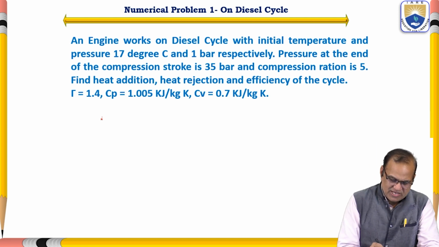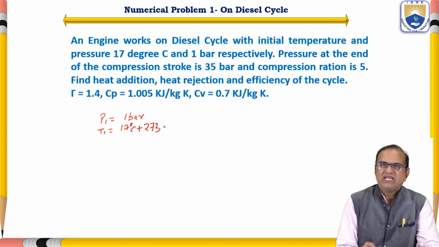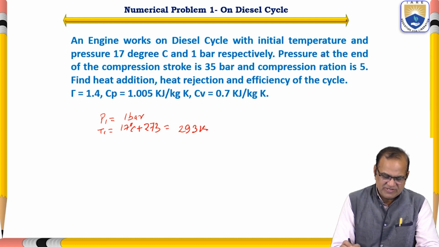So initial P1 is equal to 1 bar. T1 is equal to 17 degrees centigrade plus 273, so this is 293 Kelvin. Pressure at the end of the compression stroke is 35.